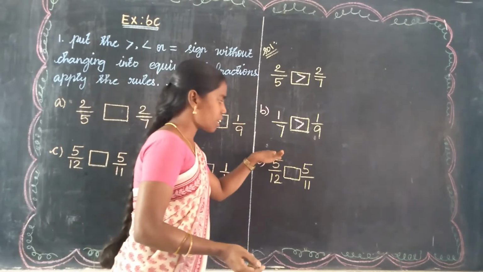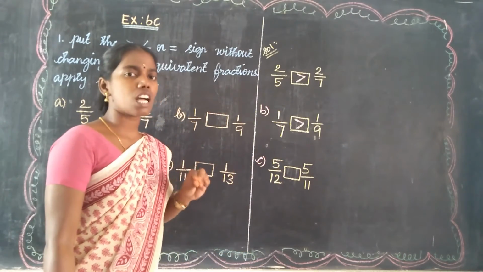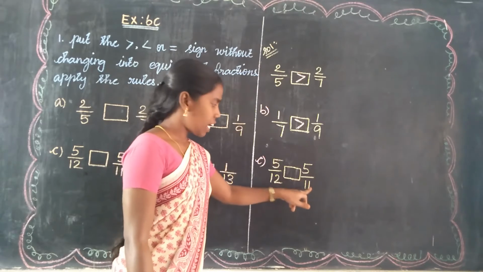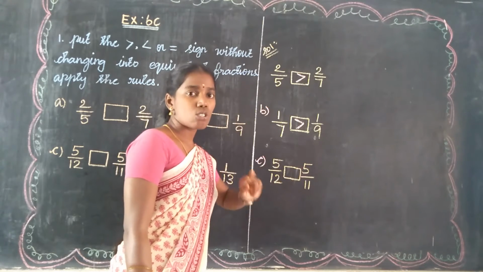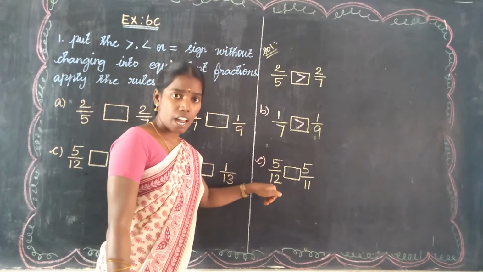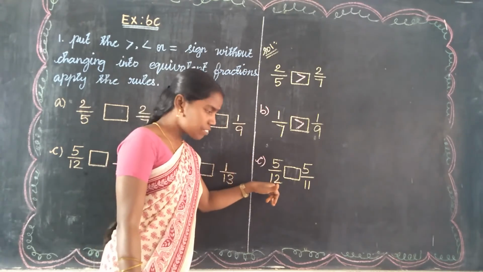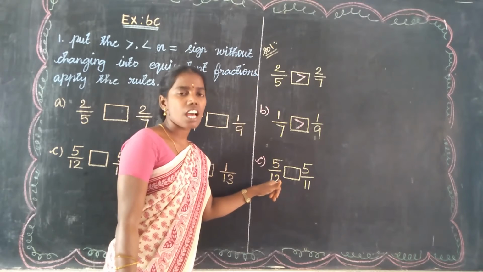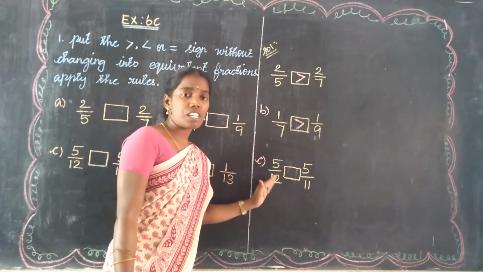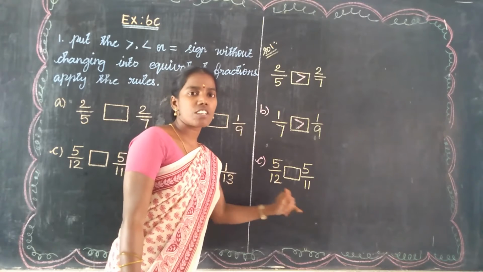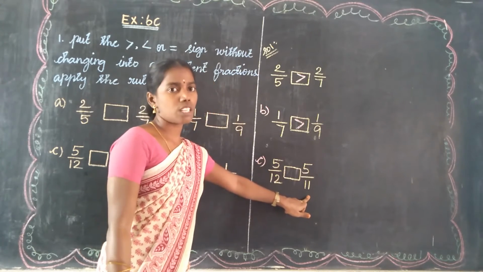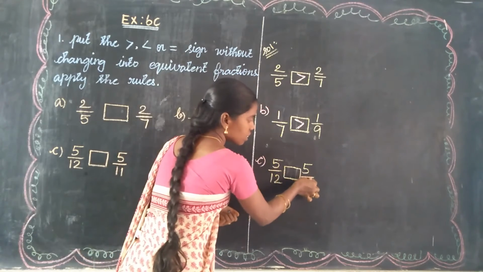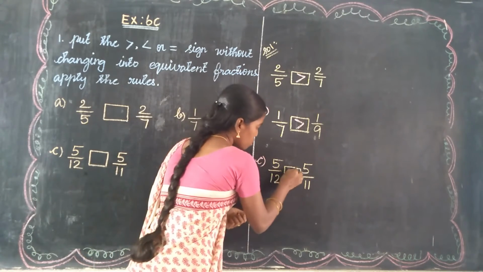First consider the numerator value 5, which is equal. Next consider the denominator value: 12 in the first fraction and 11 in the second. 12 is the greater single value, but as a fraction, 5 by 12 is smaller, so 5 by 11 is the greater one. So the symbol is less than.